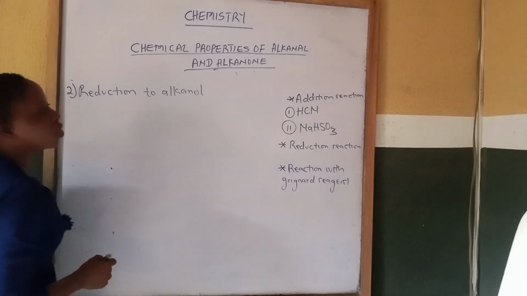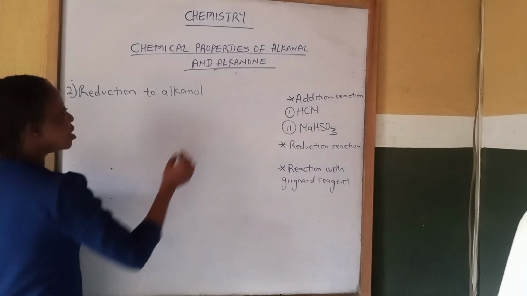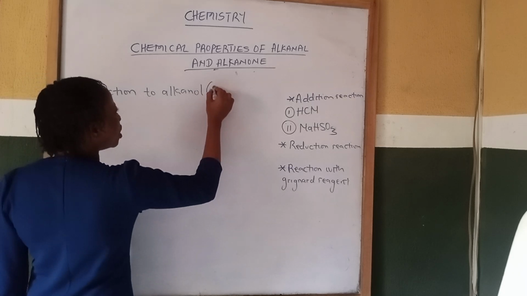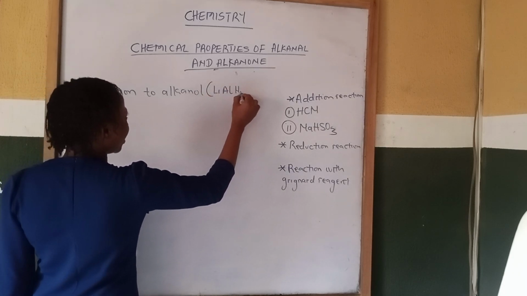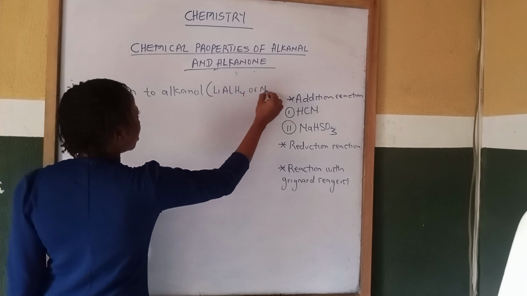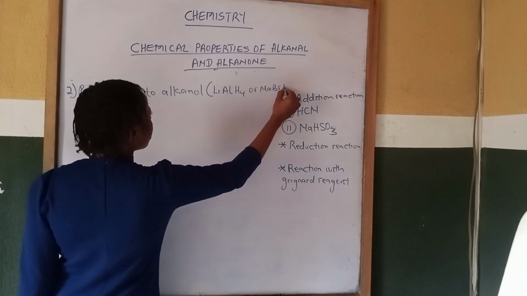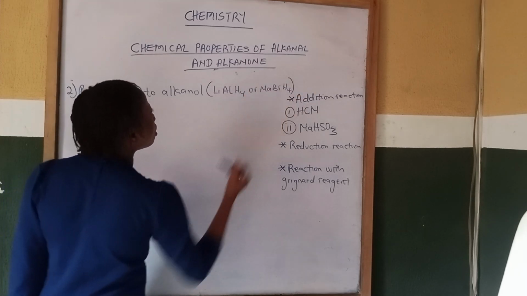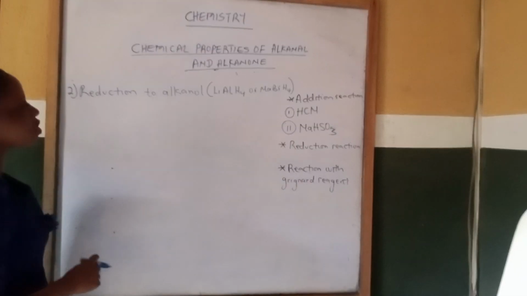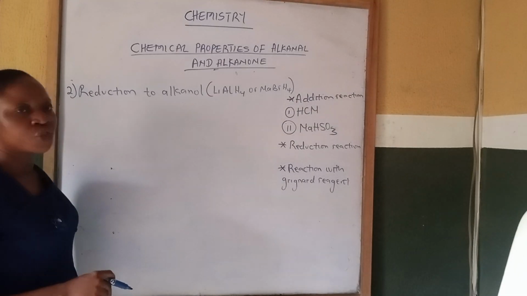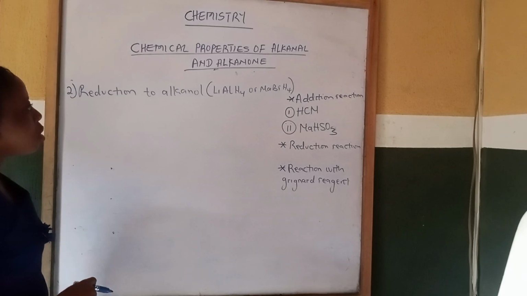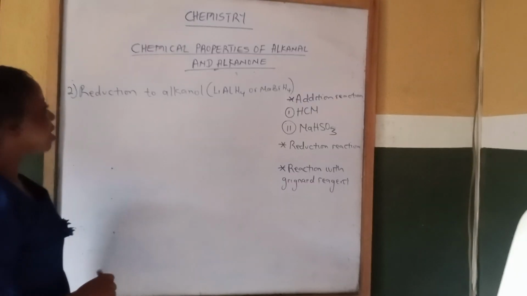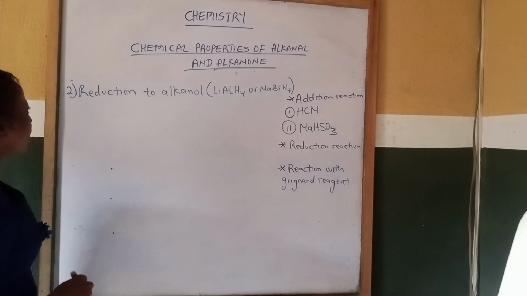The reaction will take place in the presence of lithium aluminium tetrahydride, or NaBH4. So you either use lithium aluminium tetrahydride as your reducing agent, or you use sodium borohydride.